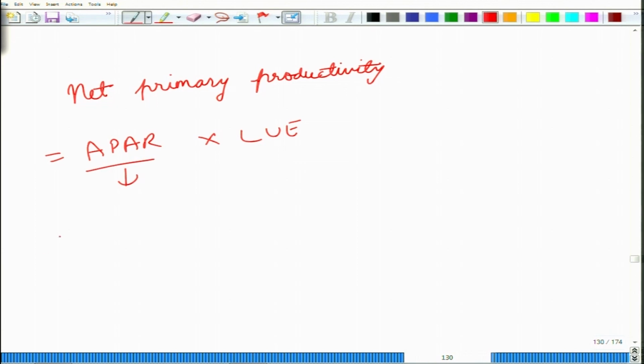Now, APAR is the absorbed photosynthetically active radiation. So, essentially, how many joules or megajoules of energy were absorbed per square meter of area and per unit time, say into x hours.